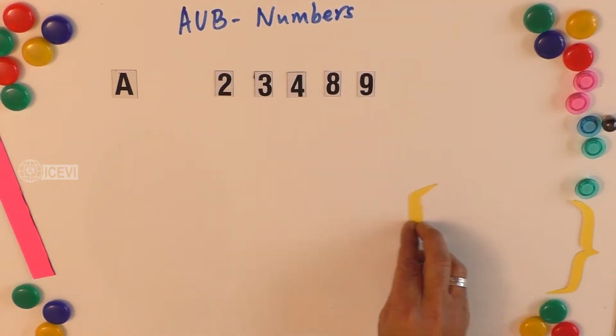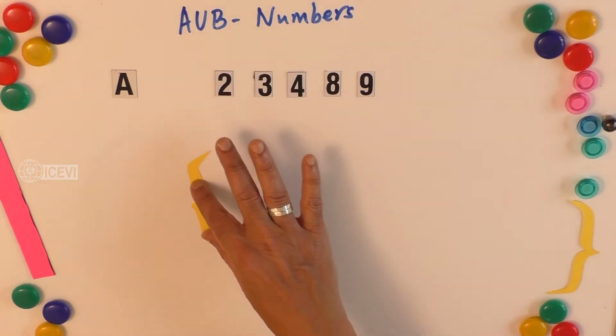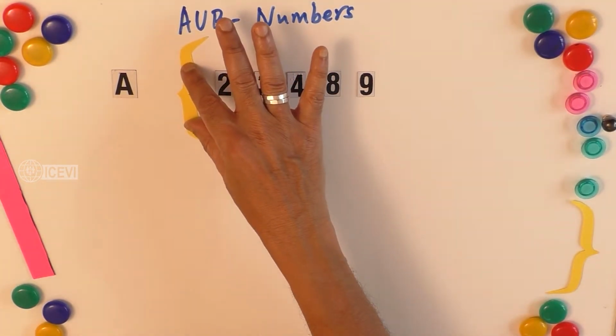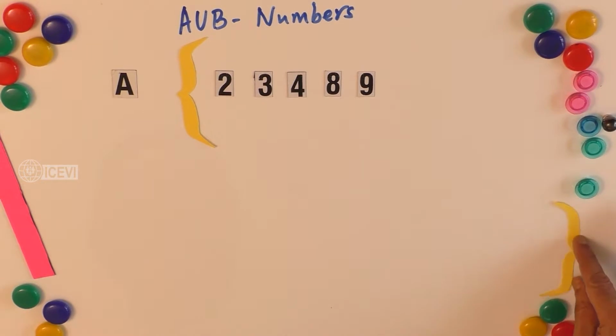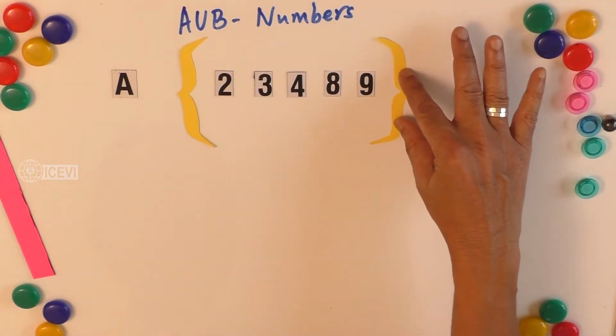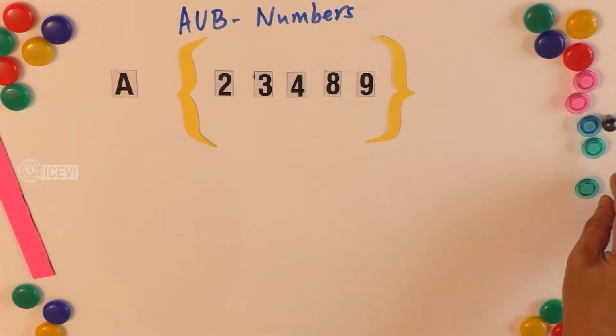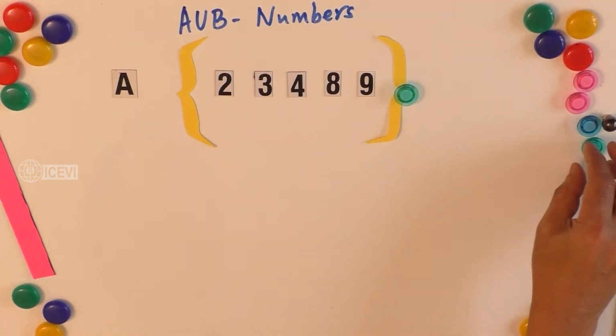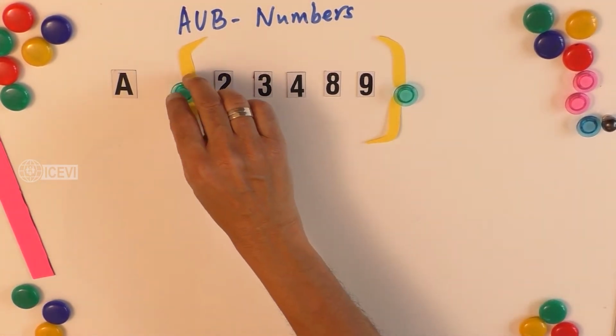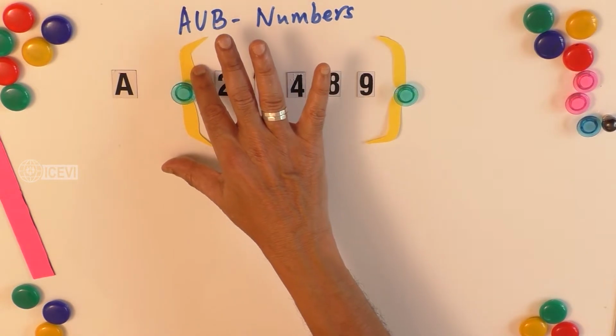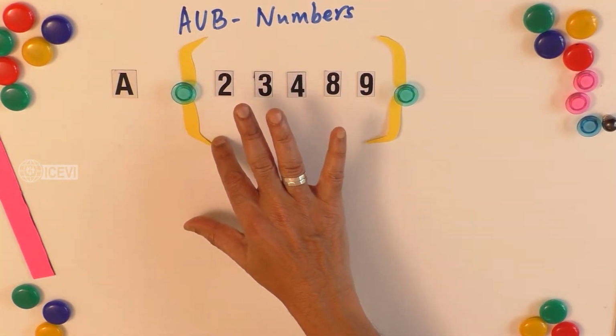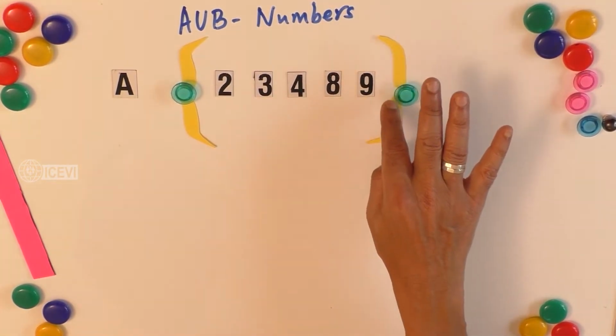Now, usually in a set, we use a curly bracket before and a curly bracket at the end, indicating the end of the set. This is just an explanation to the child of how the numbers in a set are interpreted visually.